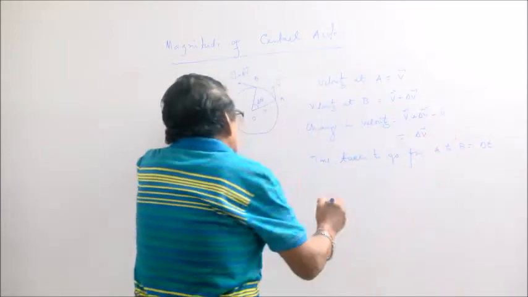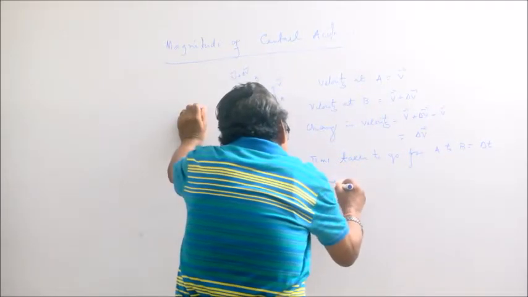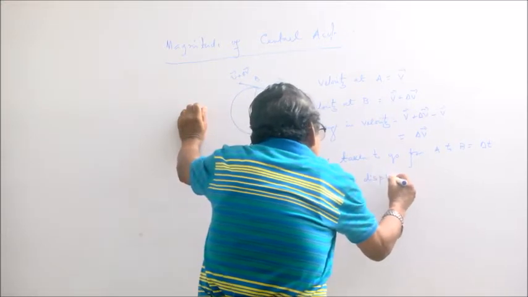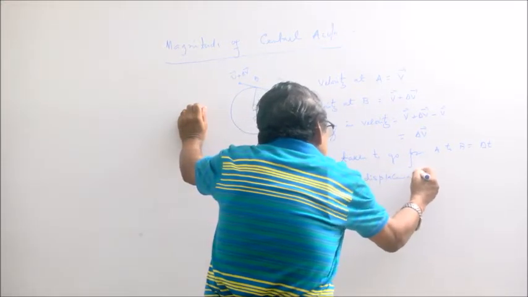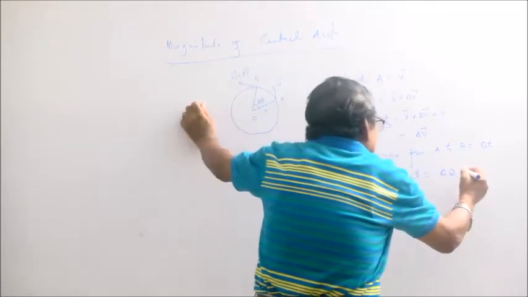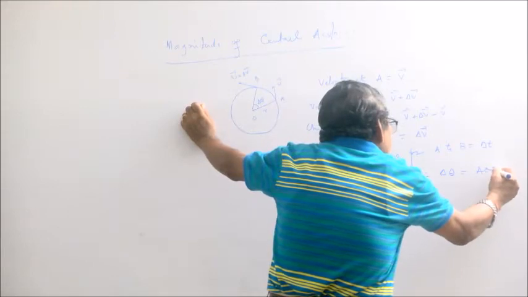The angular displacement, the angle covered by the body during this time, is delta theta. That is the angle AOB.